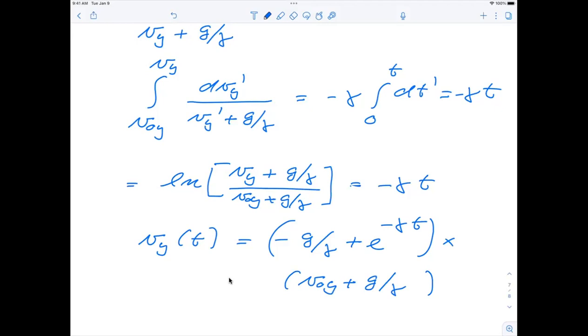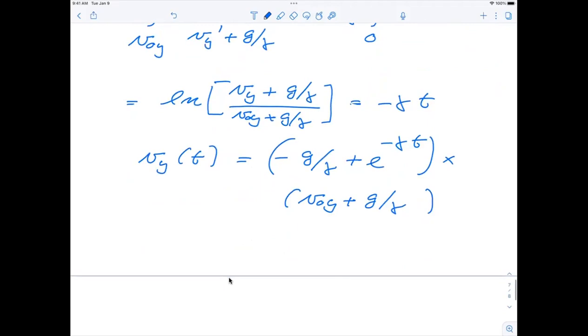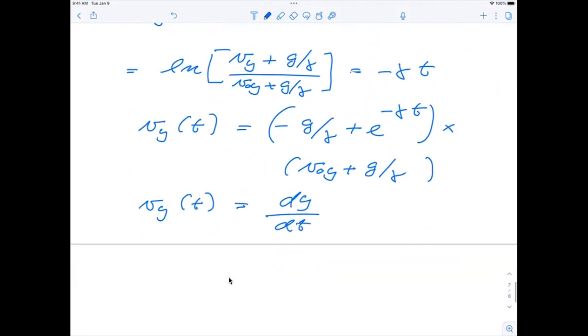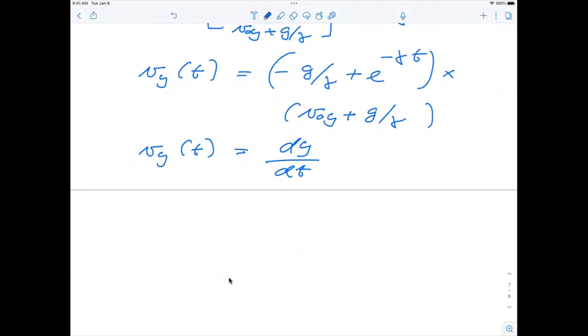And then we can set up the same thing when we are looking at the position in the y direction. So we know that v_y of t is going to be equal to dy/dt. And then when we repeat integration, I just want to give you the final answer here.